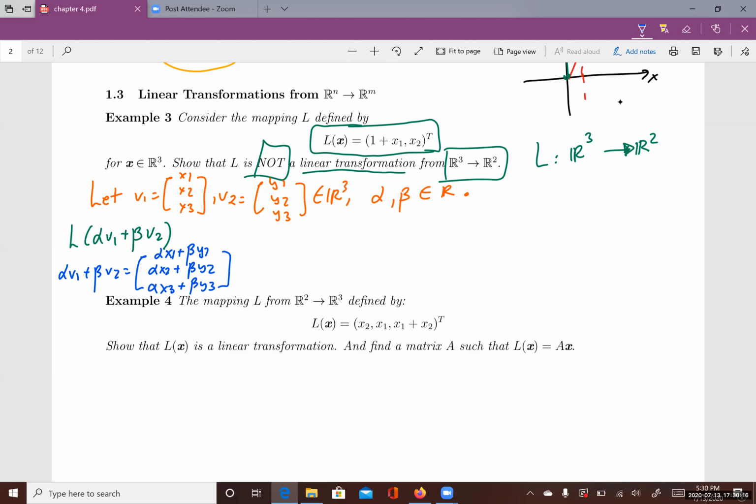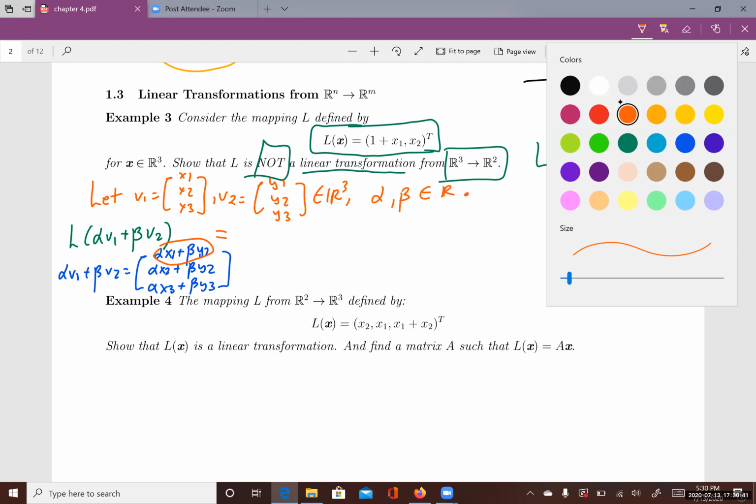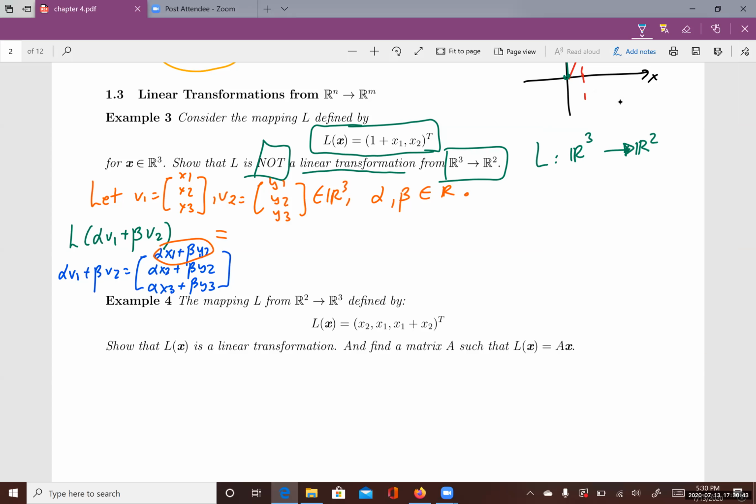From here, you can apply the map onto this vector. 1 plus x1 is the first coordinate, and x1 is this entry here, so it's 1 plus alpha x1 plus beta y1.